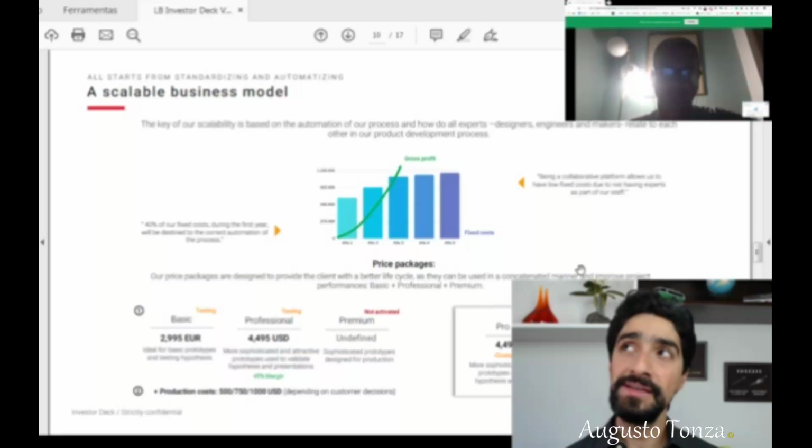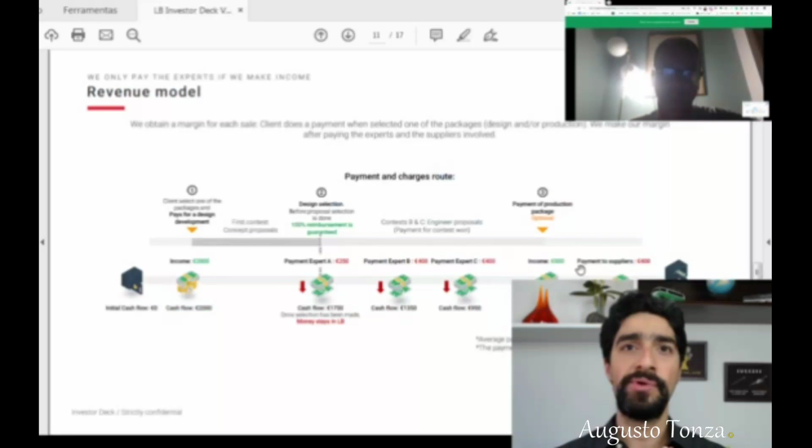You establish here the revenue model, and you skip it, but I believe you skip it because it has details that would take time to explain.